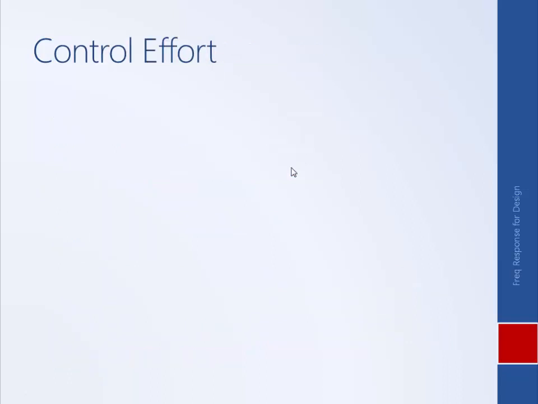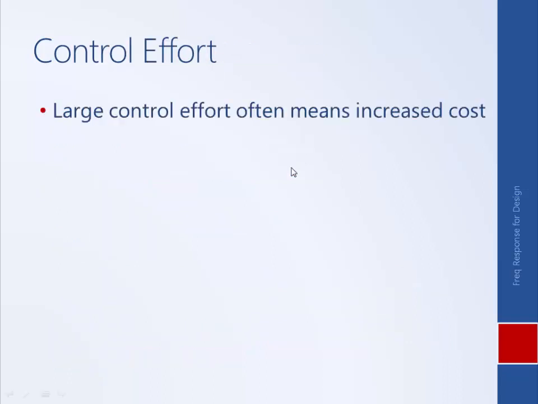Okay. So first let's discuss control effort. Large control effort often means more cost in terms of the implementation and operation of a controller. Specifically, it often means more power or fuel is required. If your engine needs to generate more torque, it may take more fuel. If your motor needs to generate more torque, it may require more electricity.